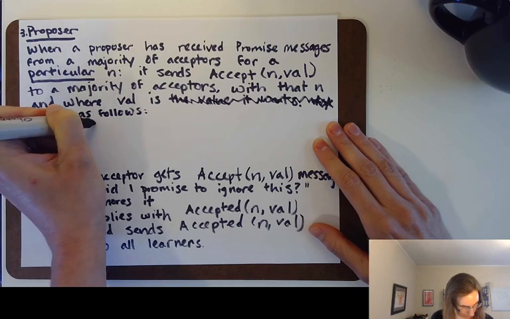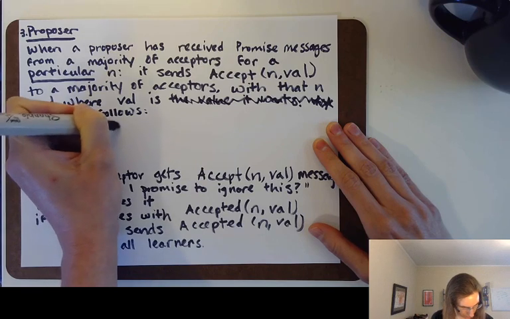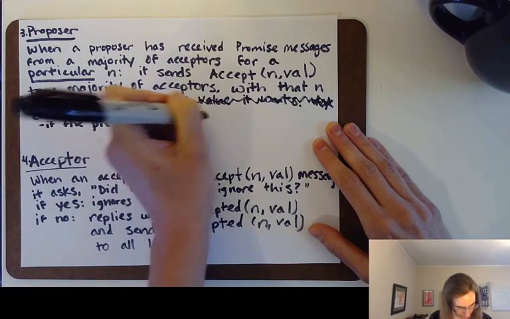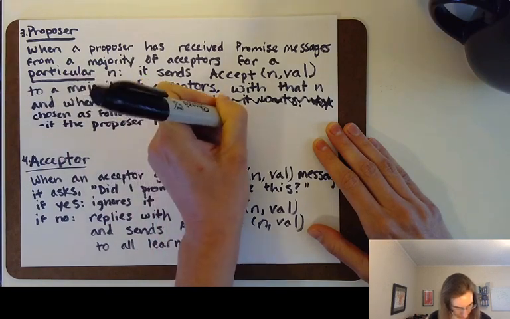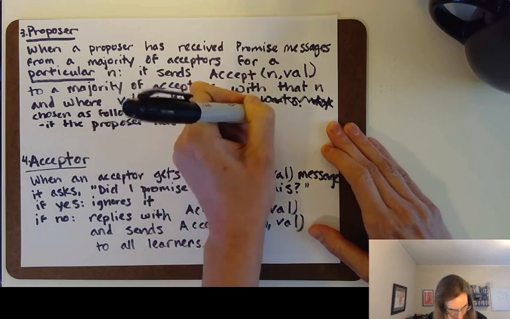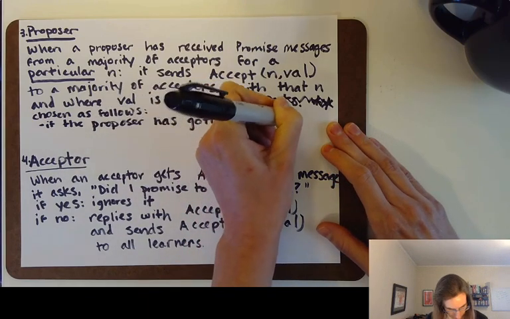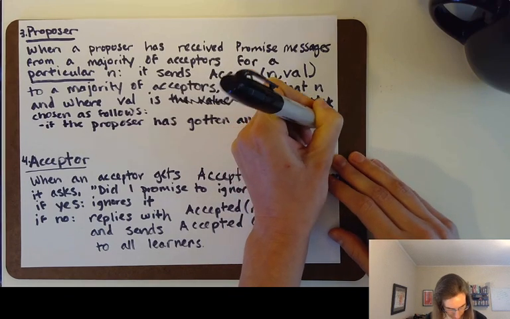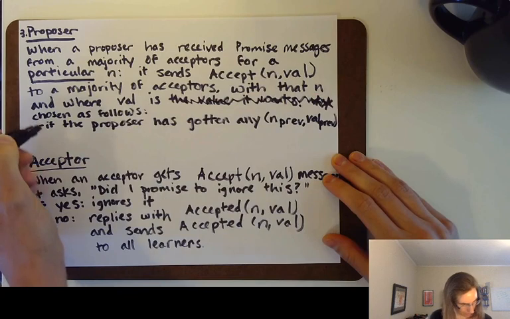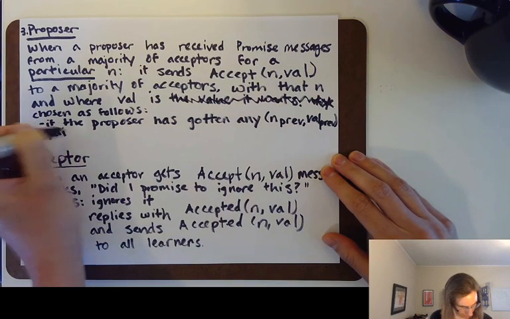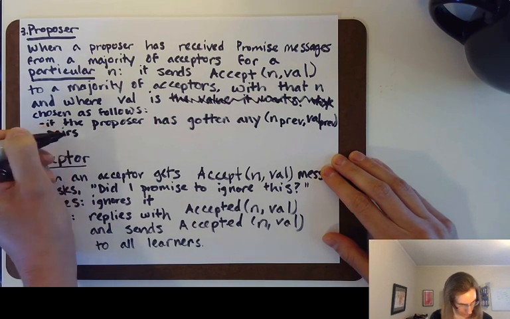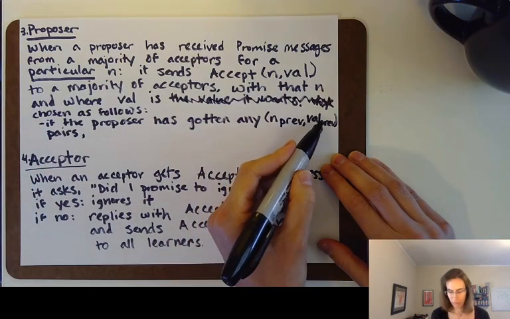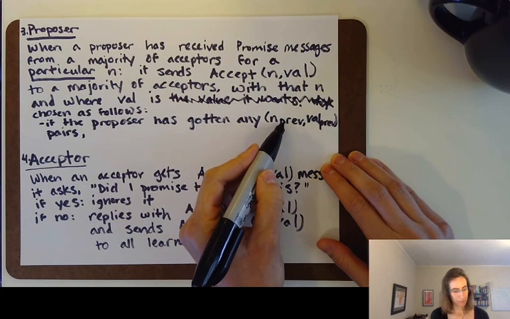If the proposer has gotten any of these pairs, it has to pick the value that went with the highest previous proposal number.